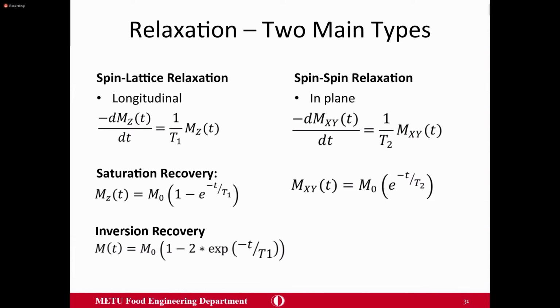So T1 and T2 are the relaxation times characterizing the relaxation behavior in your system. These two relaxation terms are the ones we will be using in food systems to obtain information on how our food samples are behaving, for instance, in a different storage environment or when the formulation is changing.